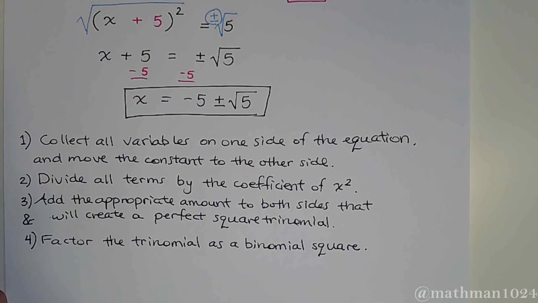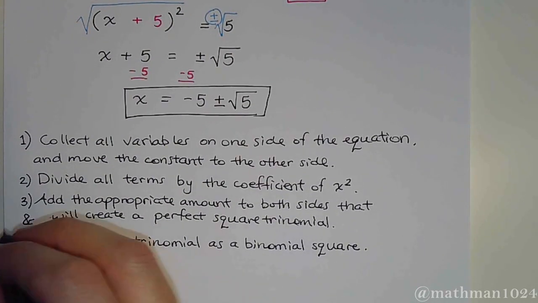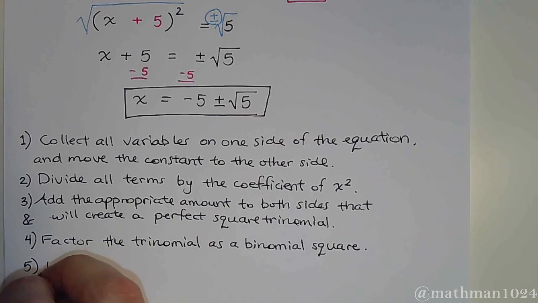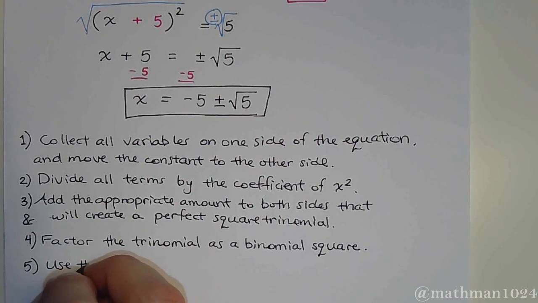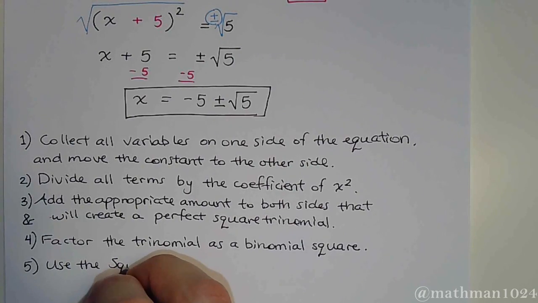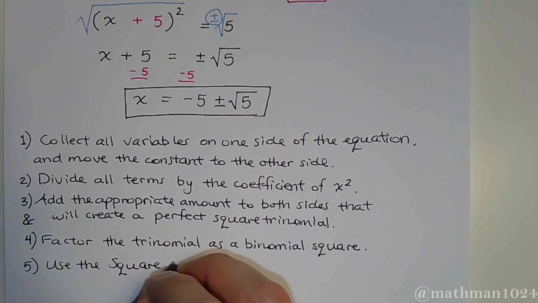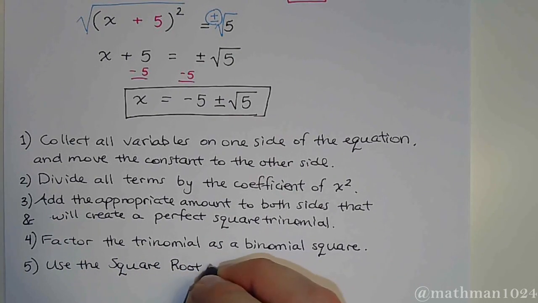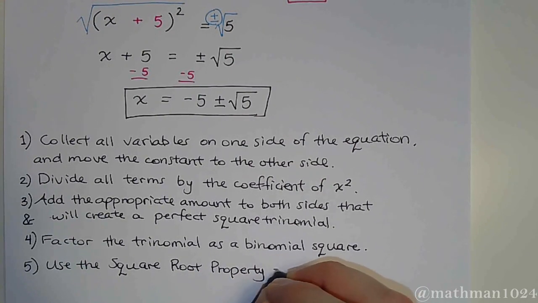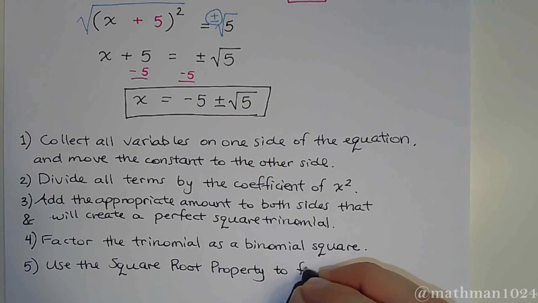Because once we have a square, we use the square root property to finish.